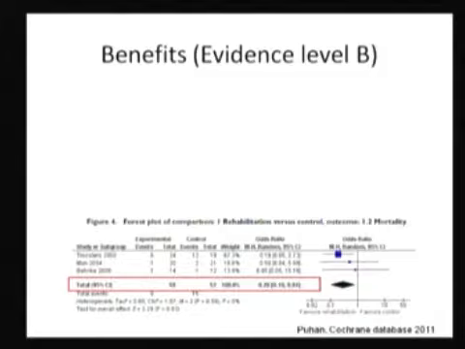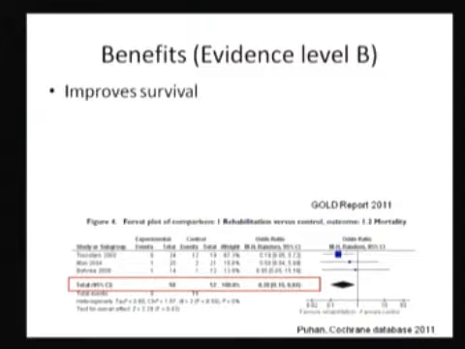So in addition to this level A evidence, very convincing evidence, there's suggestive evidence, level B, that pulmonary rehab actually improves survival. Can you believe that? There are so many studies that looked at inhaled steroids, long-acting beta-agonists, everything is questionable, p-values of 0.51, and now we have suggestive evidence that we have an intervention that actually may improve survival in patients with COPD, in addition to oxygen replacement.